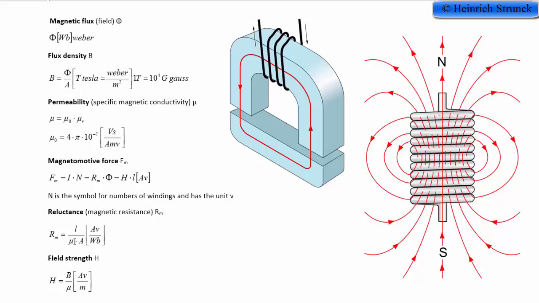And here we divide by the magnetic conductivity. For the resistor we could divide by the resistive conductivity or the specific resistivity. This formula is nearly the same as for a resistor, but in this case it is a reluctance and it is the magnetic resistance.